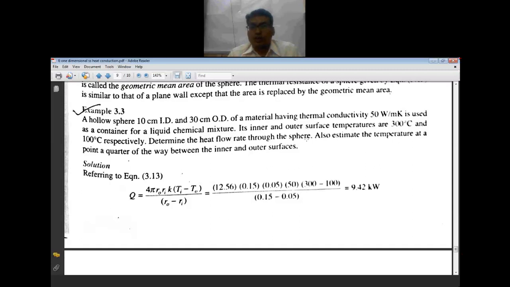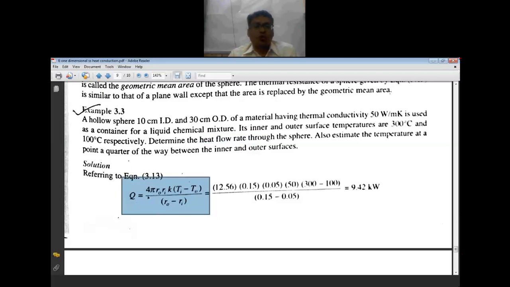Determine the heat flow rate through the sphere. Also estimate the temperature at a point a quarter of the way between the inner and the outer surface. Means the heat flow Q you have to calculate for a spherical shell.